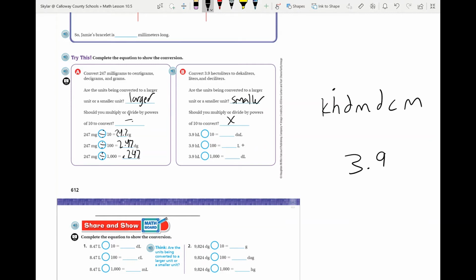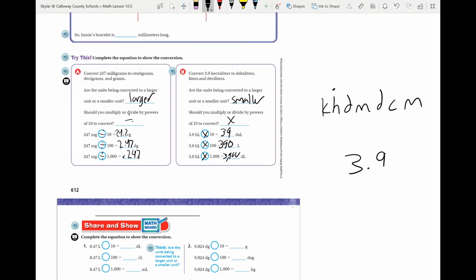So we're going to have to multiply each of these. So multiply it by 10, you get 39, 390, 3,900. Because every time we're moving a decimal point, we're multiplying or dividing by a power of 10.